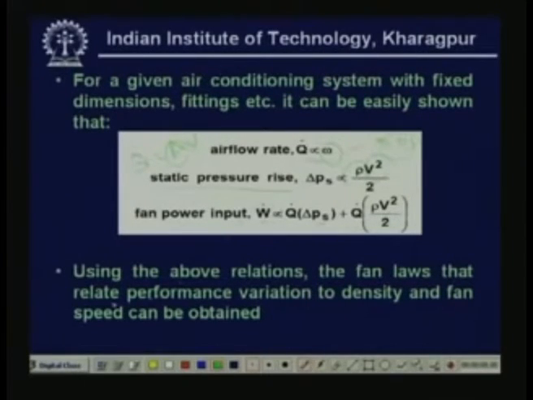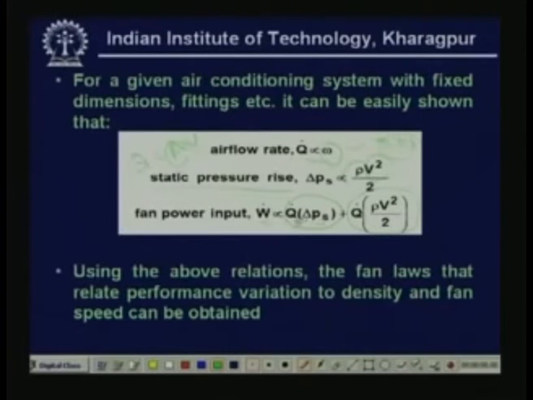So, the power input to a fan consists of two parts. You can see that on the right hand side you have two parts. The first part is the power input required to raise the static pressure of a certain amount of air. So, this part is utilized for raising the static pressure of the air. The second part accounts for the power input required to increase the kinetic energy of the air, of a given flow rate, right.